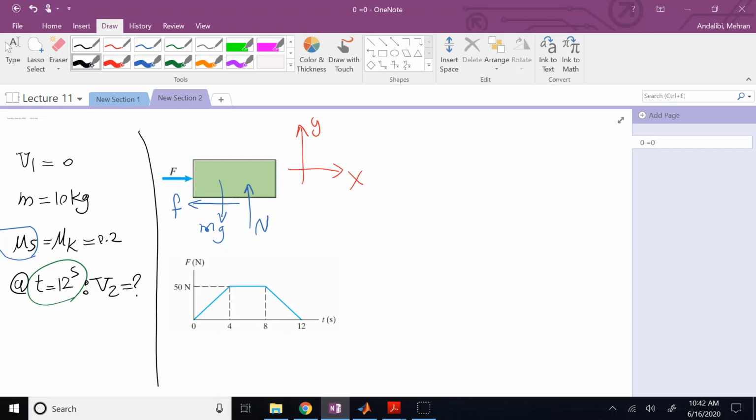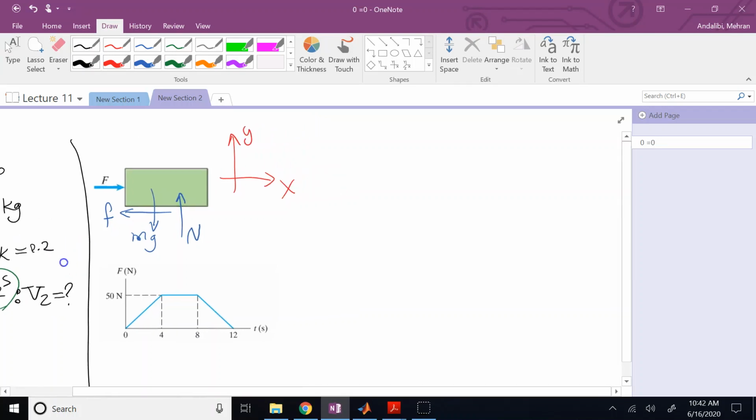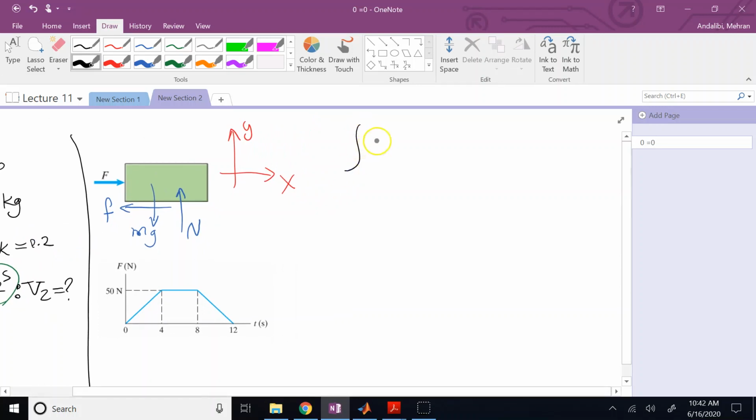So just to practice, we're going to use the new law, which says the integral of sum F dt is equal to mv2 minus mv1.